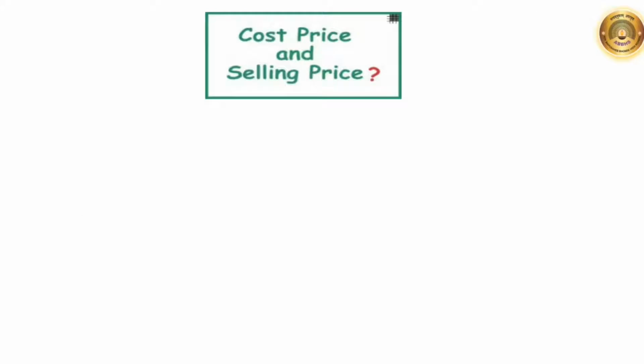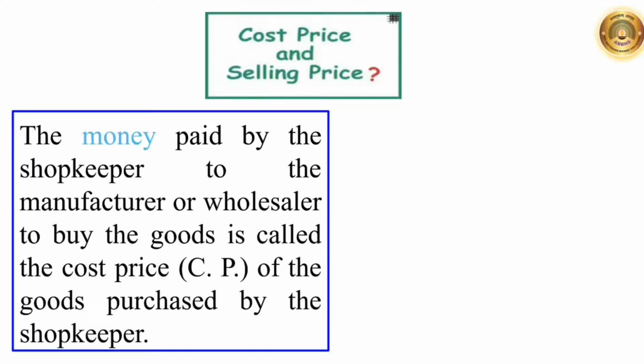Before learning what is meant by profit or loss, let's learn what is meant by cost price and selling price. The money paid by the shopkeeper to the manufacturer or the wholesaler to buy the goods is called the cost price of the goods purchased by the shopkeeper.